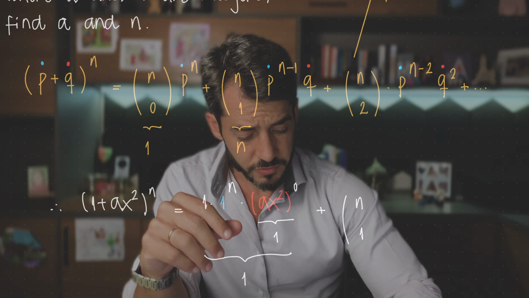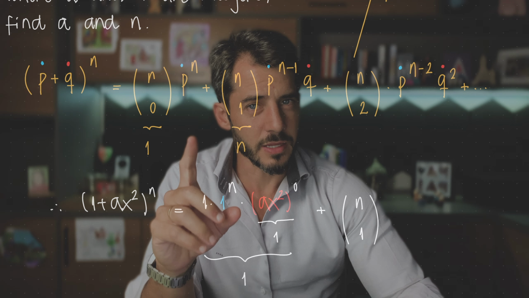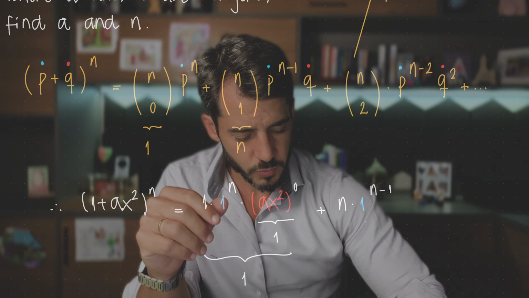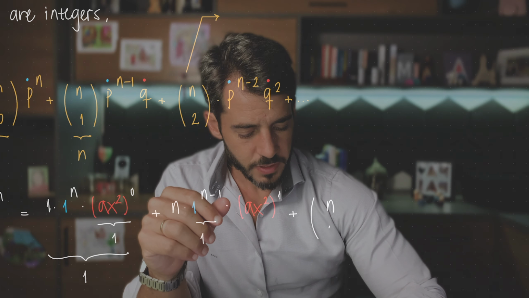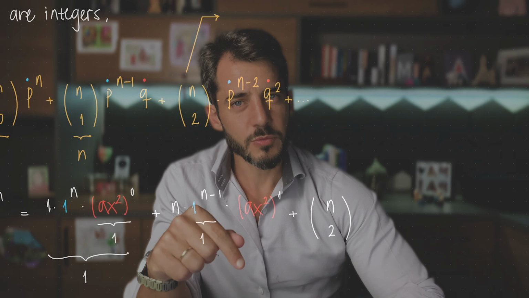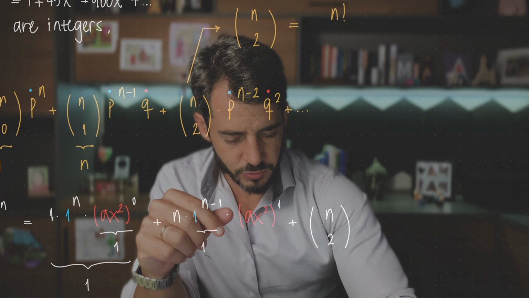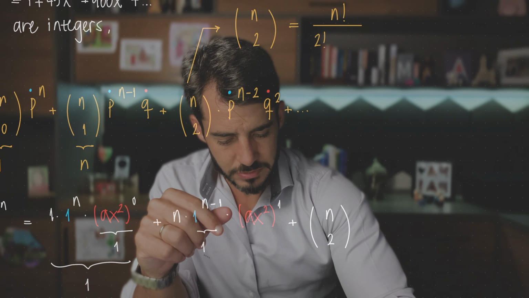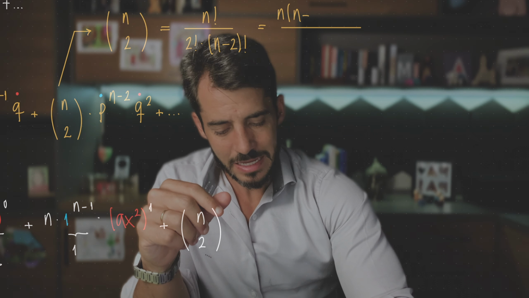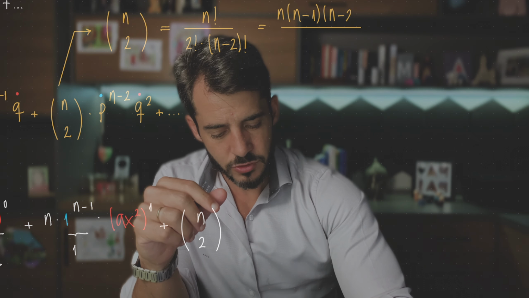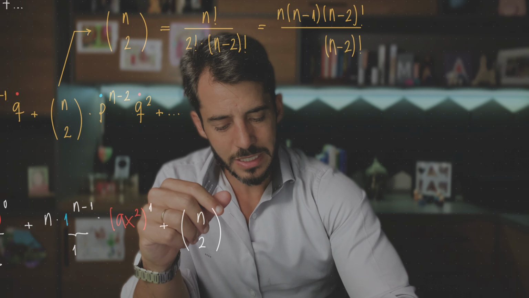On the next term, we have n choose 1, which is equal to n. So we're just going to replace this by n times 1ⁿ⁻¹, which is equal to 1, times (ax²) to the first power, plus n choose 2, which we're going to simplify right now using the definition of a binomial coefficient. This is n factorial over 2 factorial times (n − 2) factorial. N factorial can be rewritten as n times (n − 1) times (n − 2) factorial, which can be simplified with the (n − 2) factorial in the denominator.